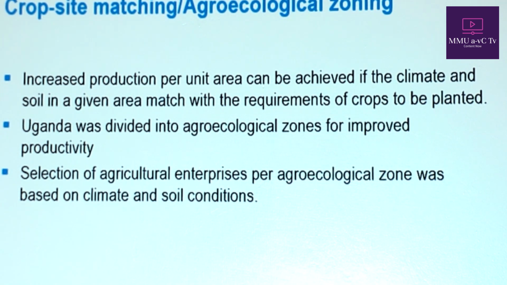It is not only the climate and the soil conditions that matter. They might matter for the growth of the crop, but how about the social elements that might result in neglect of such a crop when it is introduced in the right agroecological zone?